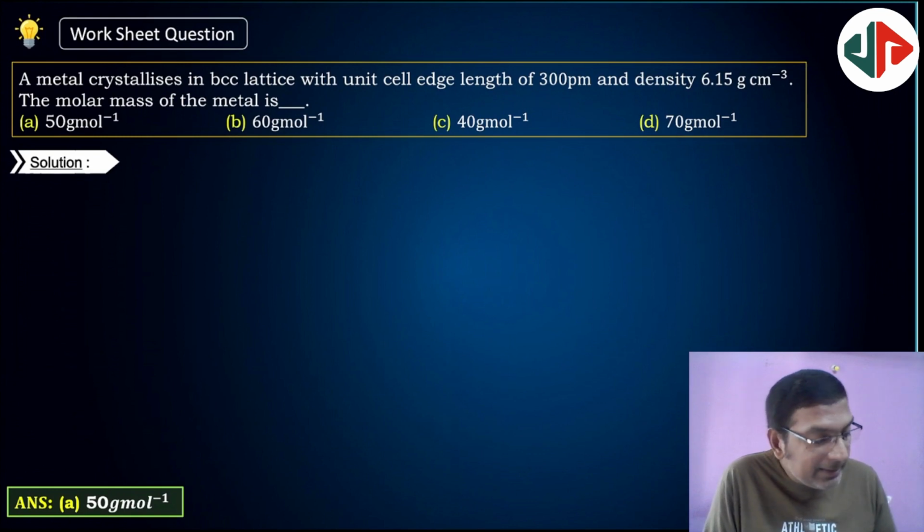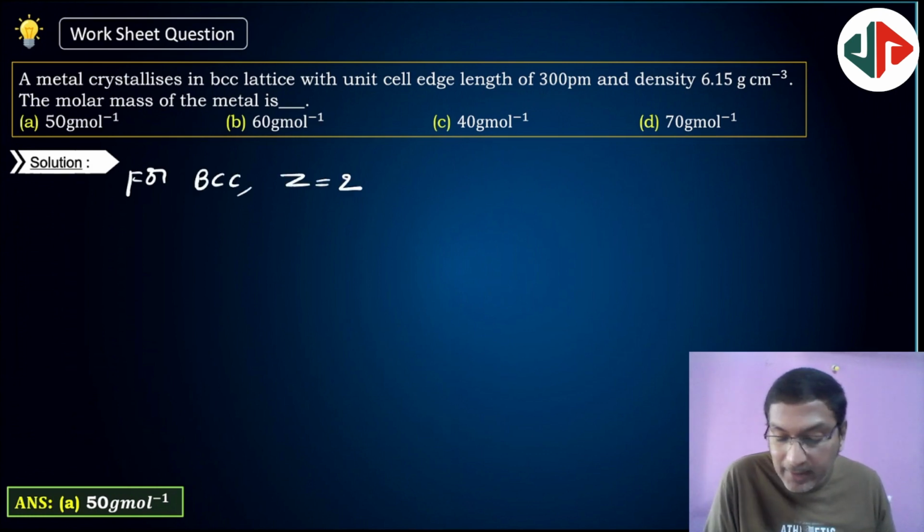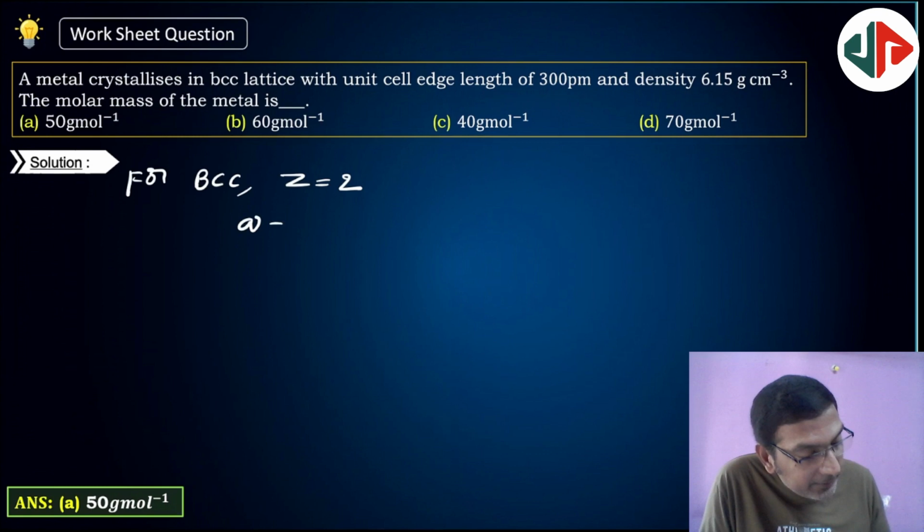A metal crystallizes in BCC lattice with edge length 300 picometers. Density is given. Molar mass of the metal. Simply, for BCC Z equal to 2, effective number of atoms 2. Next, edge length is given, a value 300 picometers. That means 300 into 10 power minus 10 centimeters.